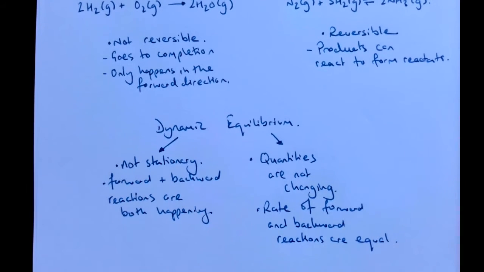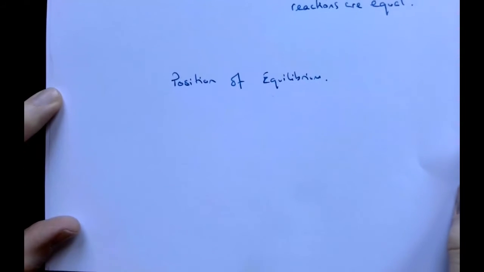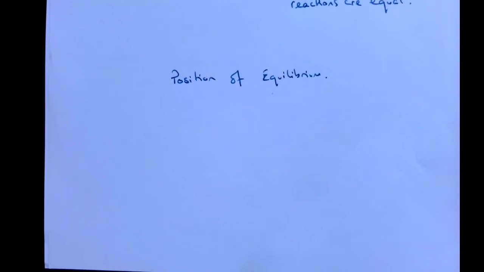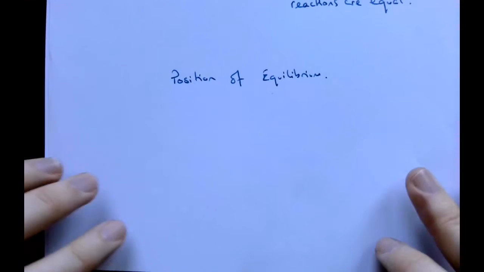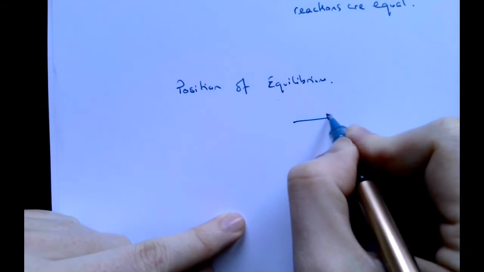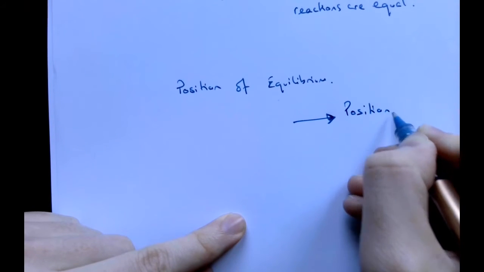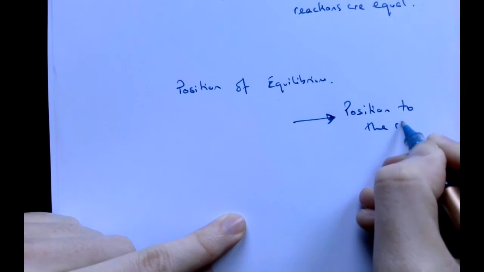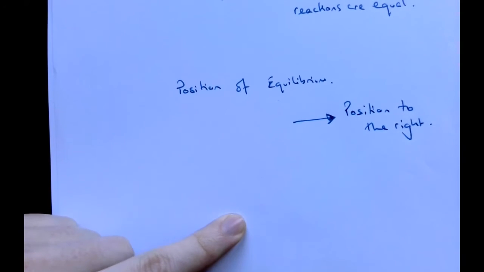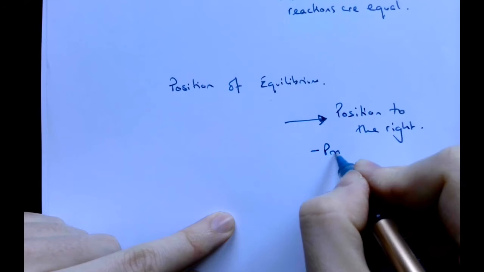Now when we start talking about Le Chatelier's principle in a moment, we're going to be talking a lot about position of equilibrium. What do we mean by position of equilibrium? If the position of equilibrium is to the right, it means we are producing more products.